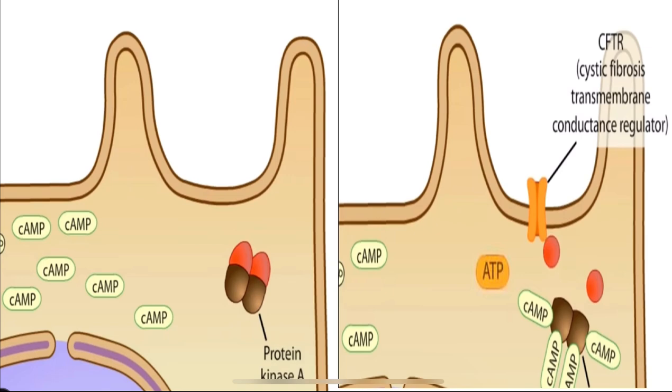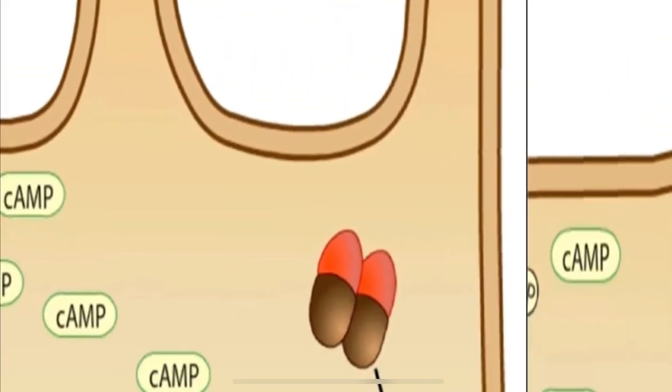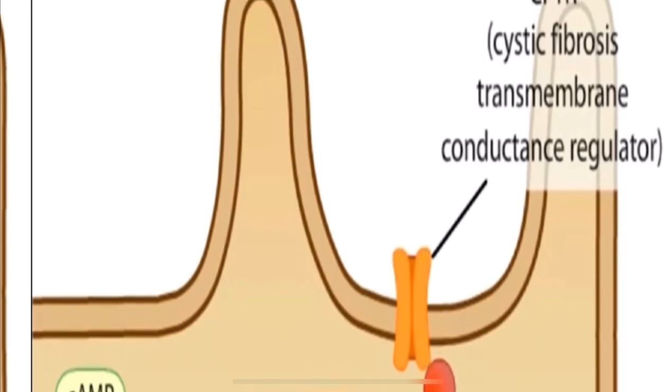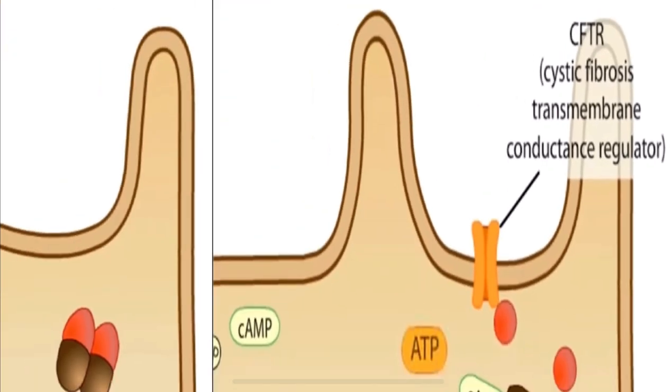Now, this activated protein kinase will go and cause the activation of various transport ion channels, including the cystic fibrosis transmembrane conductance regulator.